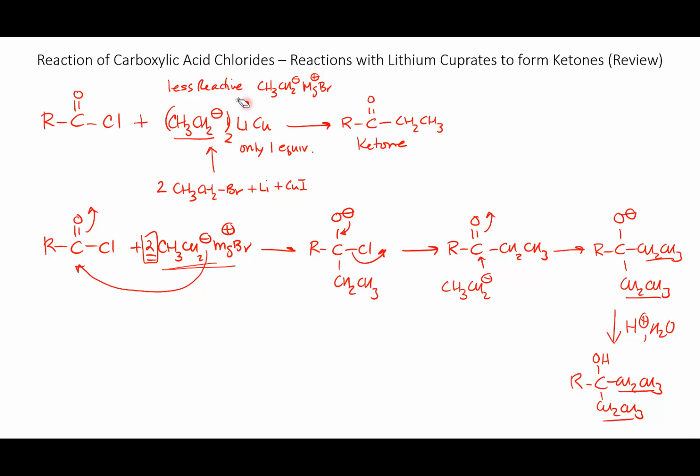The lithium cuprate, which is less reactive, only adds 1 alkyl group and makes the ketone, whereas the Grignard or organolithium compound is more reactive, and it's going to go ahead and add 2 to make the final tertiary alcohol. And so that's kind of a review reaction that we've done in the past.